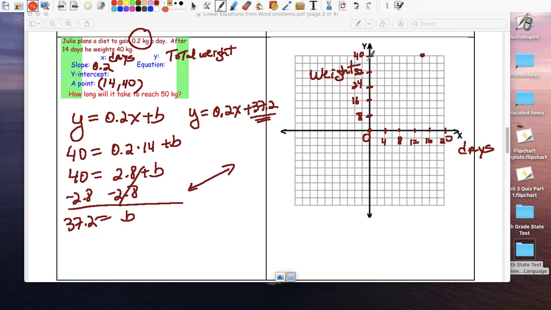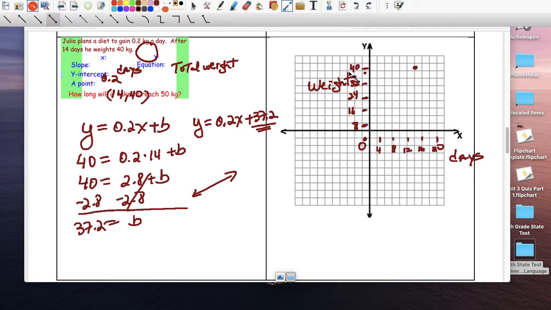So that's 36, 37.2, it's going to be right there. Obviously it's not precise, but that's where 37.2 is. So at day 0 of his diet plan, where he started, he was 37.2 kilograms.